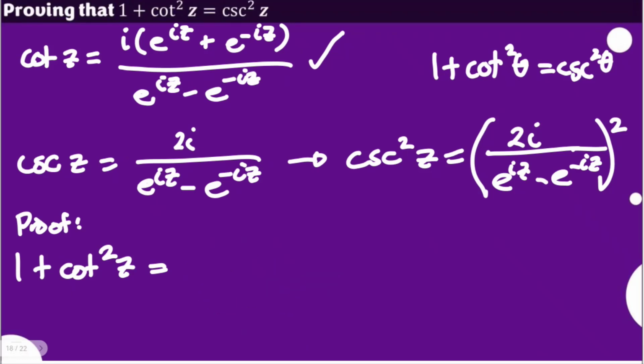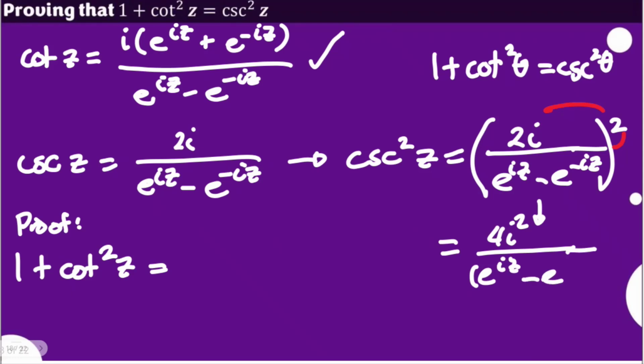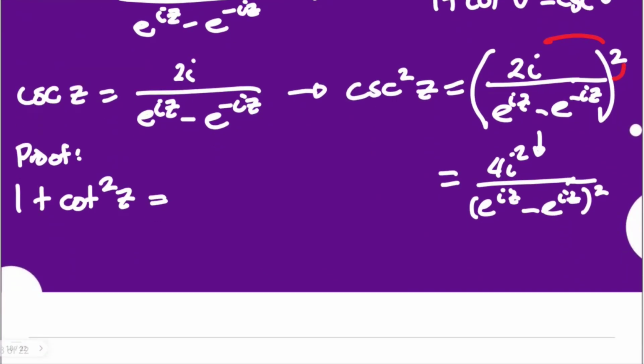If you would like this to be expressed further, take note that you can actually use the power law. This would be equivalent to 4i squared over the binomial expression on our denominator. Let's not expand that. I would just like to bring your attention to what will be happening in our numerator.